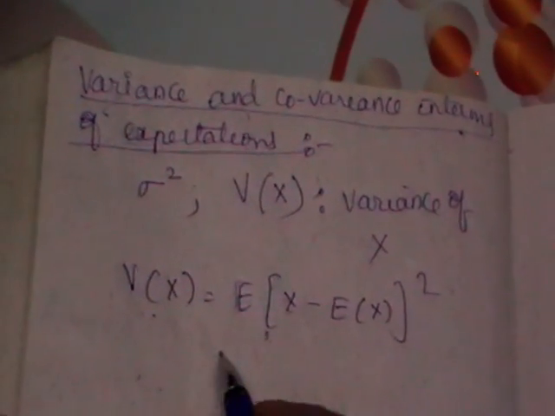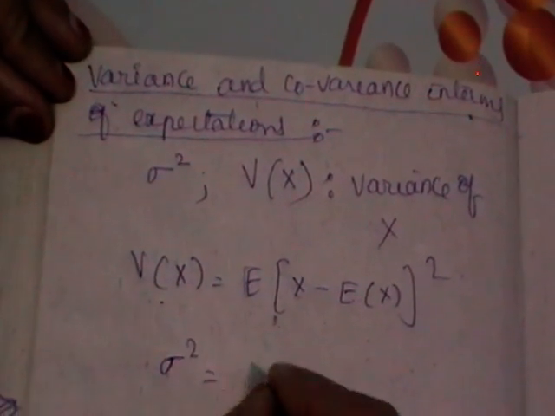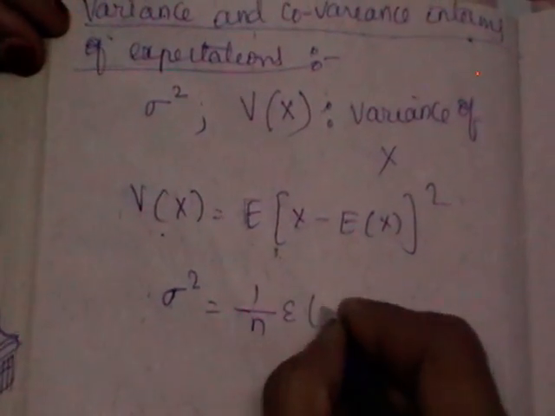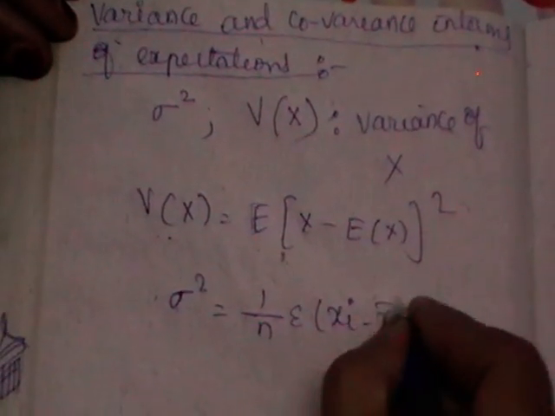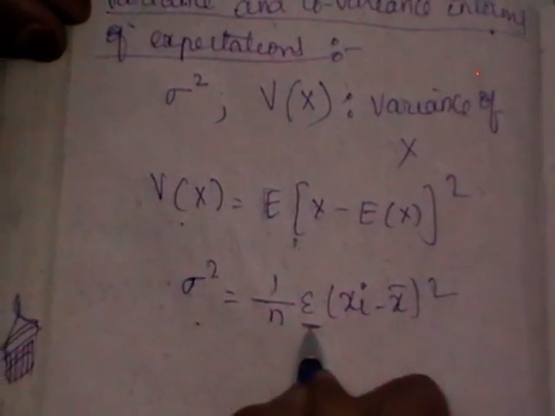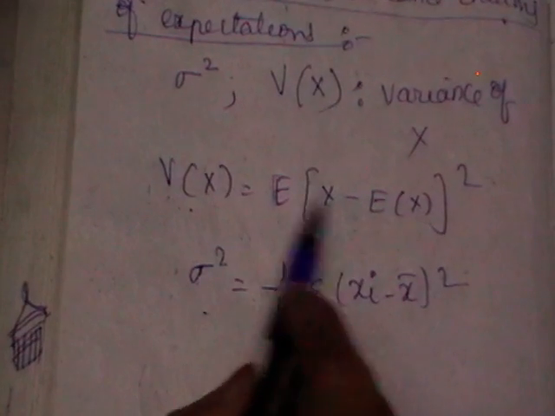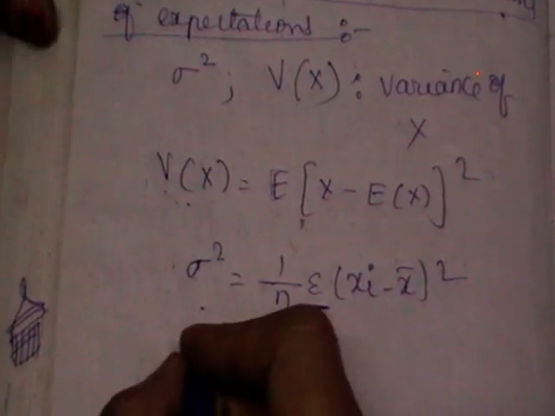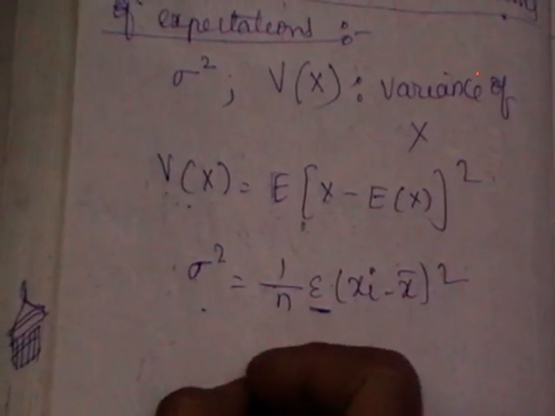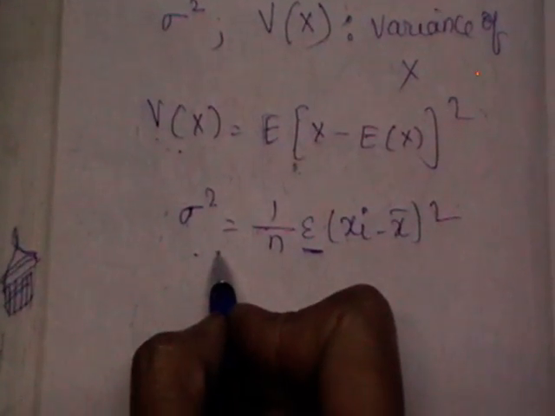Now you know that the formula for sigma square is 1 by n in terms of sigma. We call this the formula for variance in terms of sigma. This is the formula for variance in terms of expectation, V of x. In the very beginning we did the formula for sigma square, theorem 1.